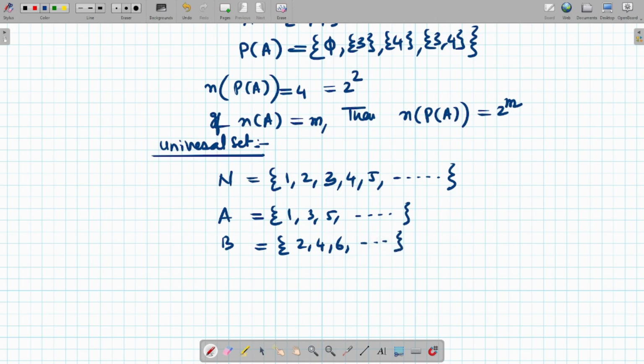So we can say N is a universal set, which is a larger set, and further subparts of this can be termed as subsets of the universal set.